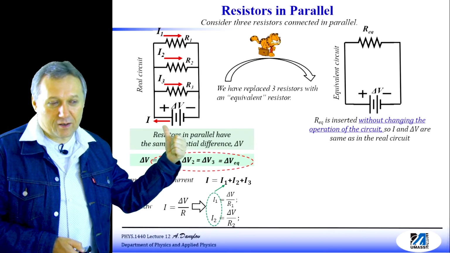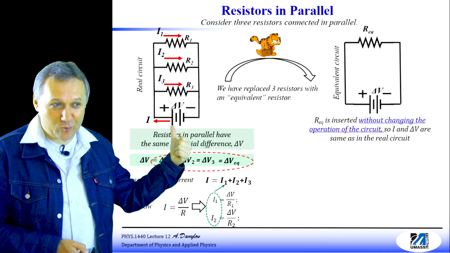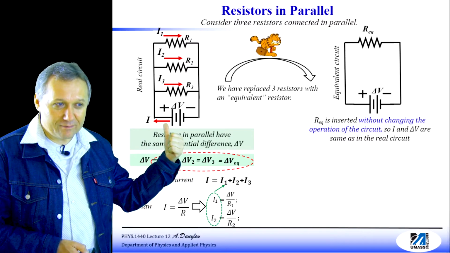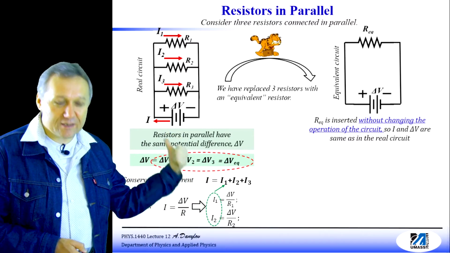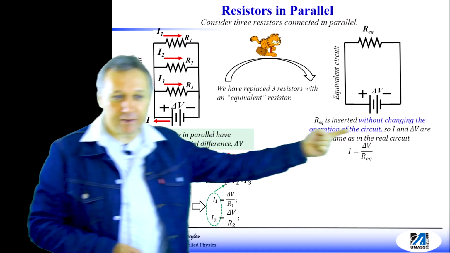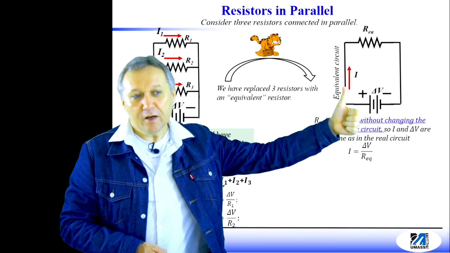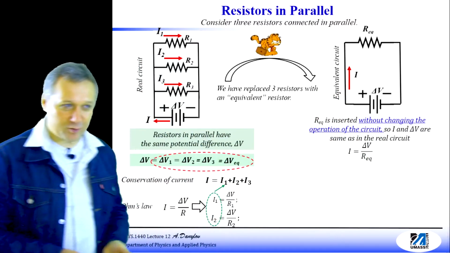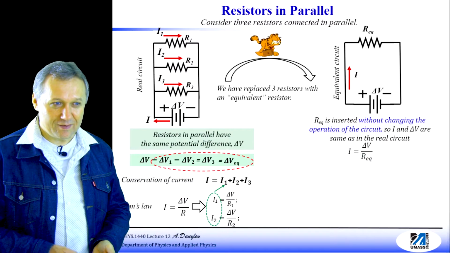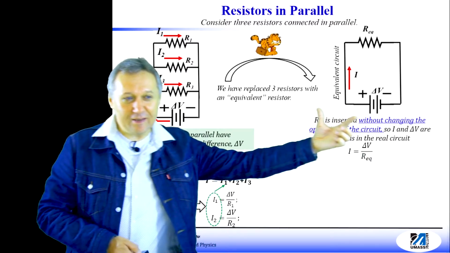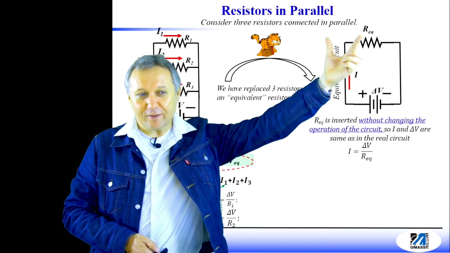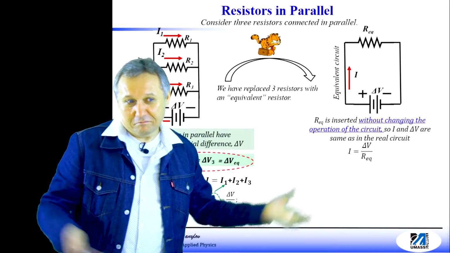Because, again, since the battery works in exactly the same way, if current I is taken from the battery in the real circuit, exactly the same current must be taken from the battery in the equivalent circuit, right? And of course, this delta V is applied across R equivalent.